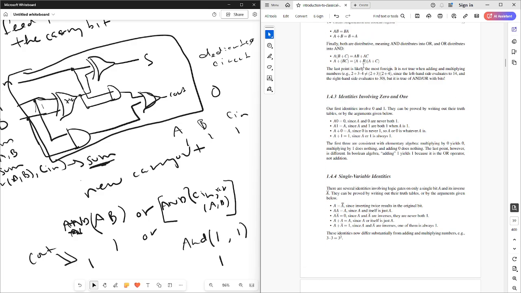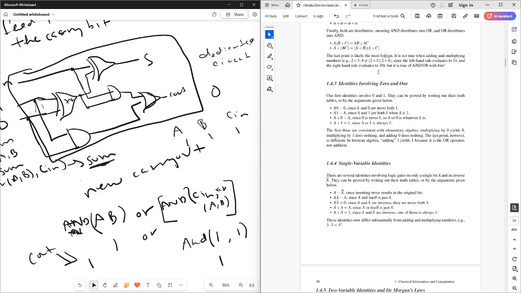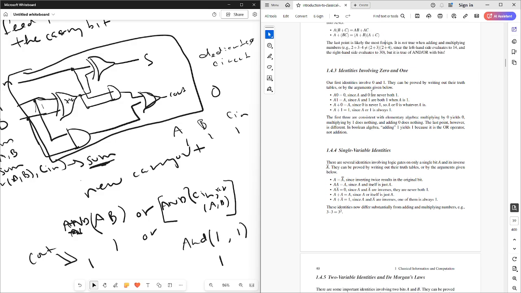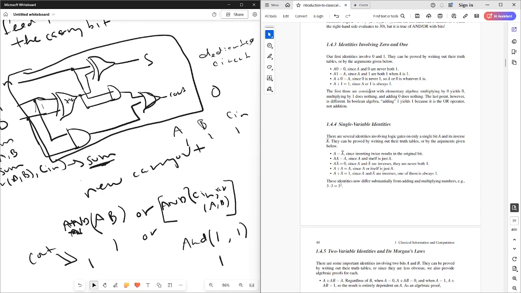Mainly because when we distribute this forward, A and not A becomes 0, so it just vanishes, or it becomes 1.